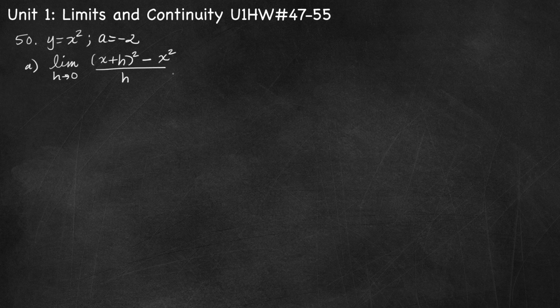So I want to find this limit. If I try substitution right now, I end up dividing by 0. So substitution does not work yet. We want to simplify this algebraically. And I'm going to do that by expanding my x plus h squared. So the limit as h approaches 0 of x squared plus 2xh plus h squared minus x squared all over h.